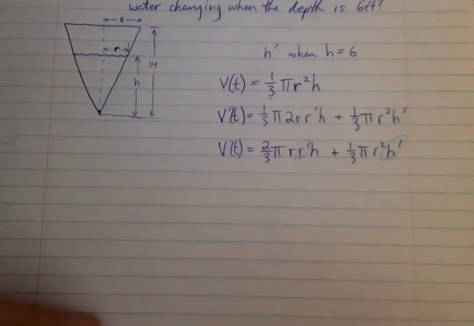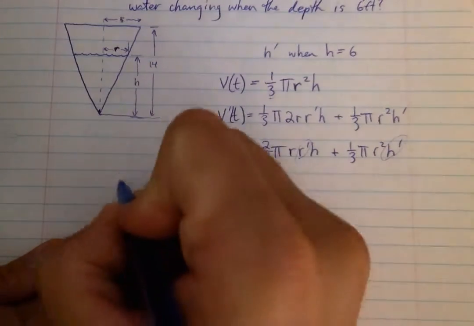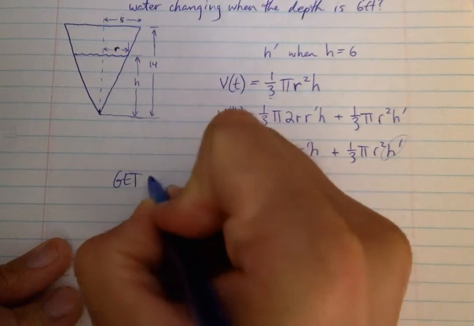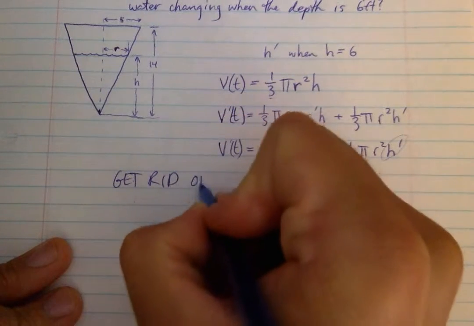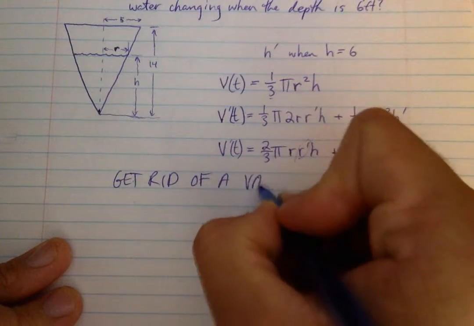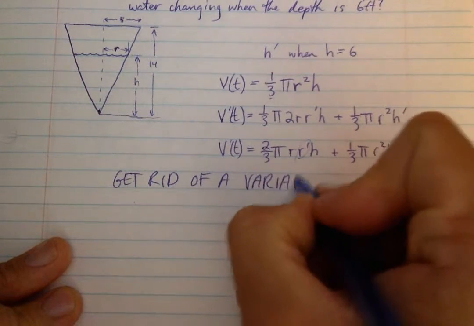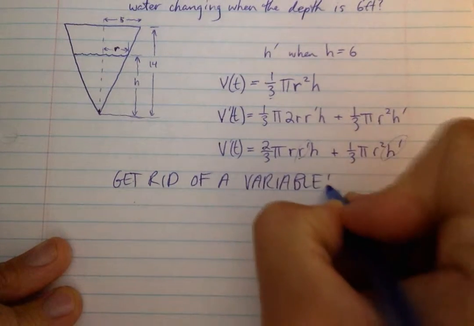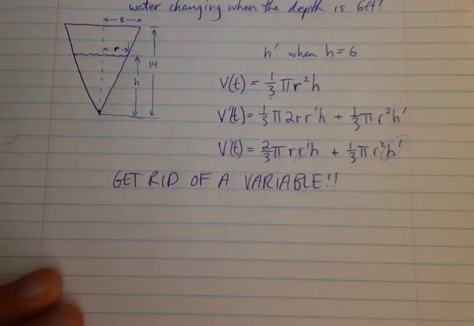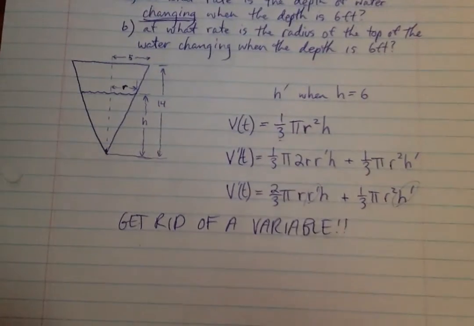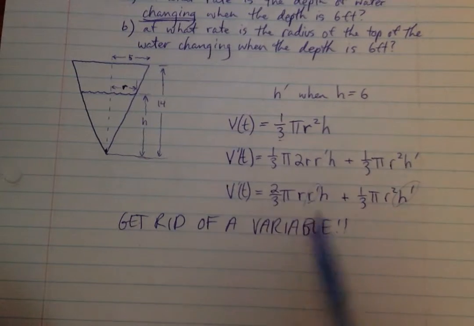We do a little thing that we love doing in these types of problems, which is get rid of a variable. Who do we want to get rid of? Well, let's see what we can relate here. Obviously, our two contenders are r and h, right?